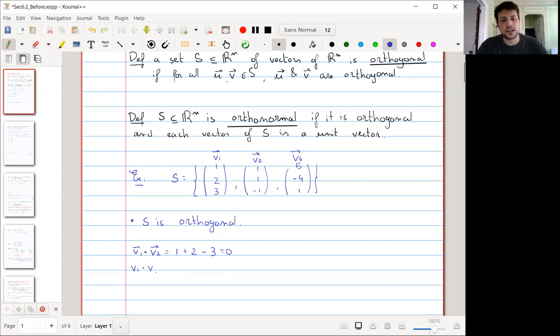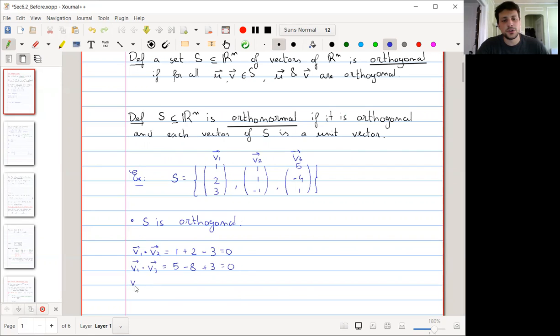Similarly, I'll have to check v1 dot v3, and here is 1 times 5, 2 times minus 4, it's -8, and 3 times 1 is 3, so this is also 0.